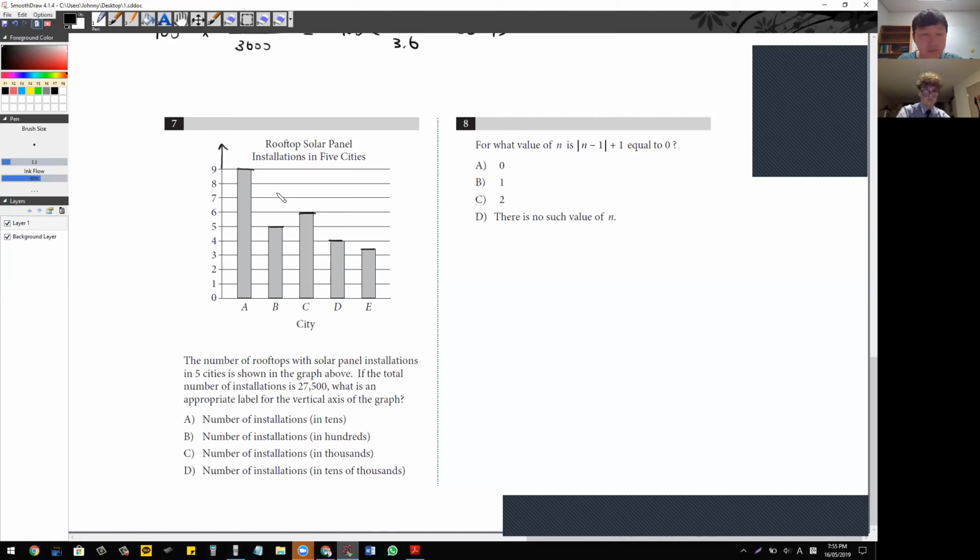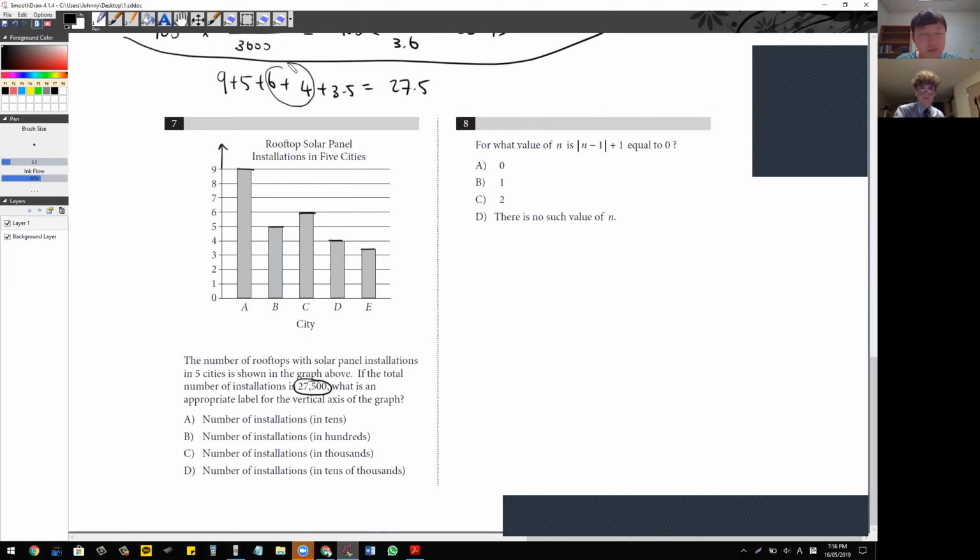If you add them all up, it must become 27.5. If I just do the math, 9 plus 5 plus 6 plus 4 plus 3.5, I think that's 27.5, isn't it? Because that's 10 here, that's 14 there, so it's 24 plus 3.5 is 27.5.